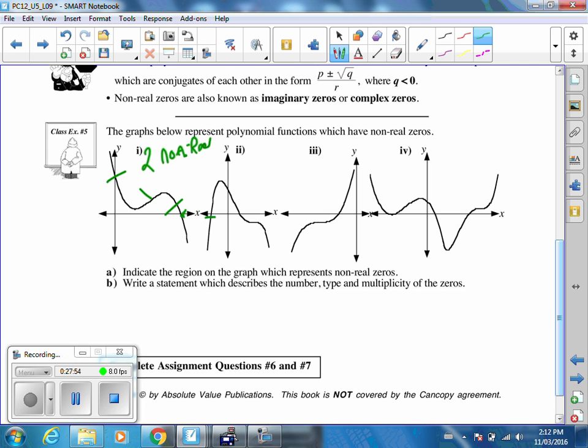This is 1, 2, 3, 4, but it only has 2 zeros, so 2 non-real. This would be 1, 2, 3, and it only has 1, so again, 2 non-real.